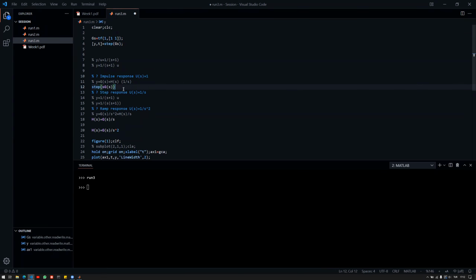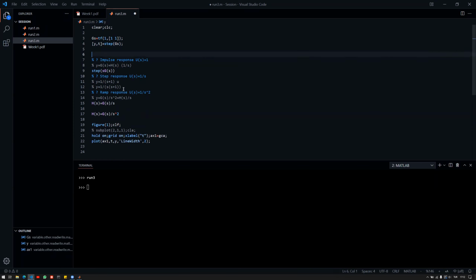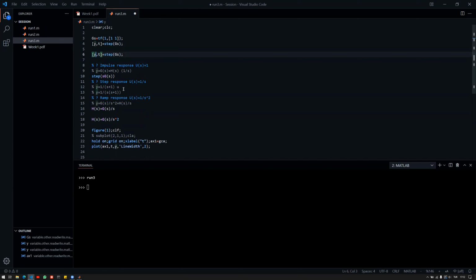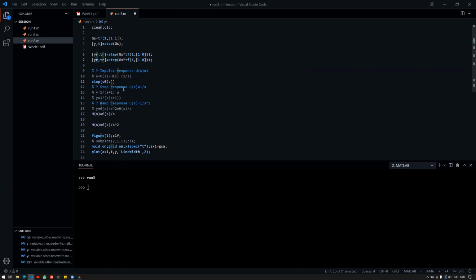So this little hack will help me in generating all the necessary stuff that I'm after. So for example, I can do this times TF. And since this is the ramp, I want to add an integrator, and that's basically it. So the impulse should be including a derivative.